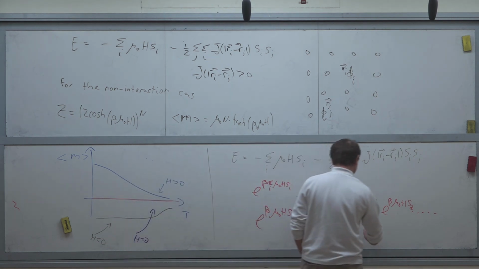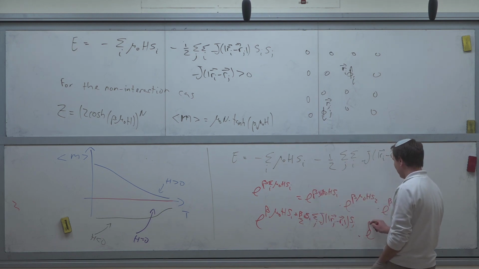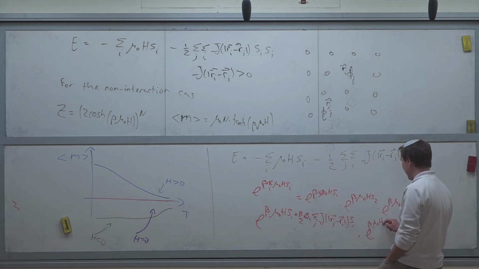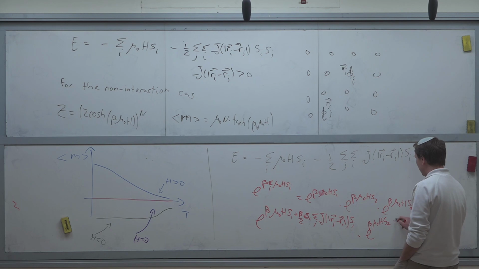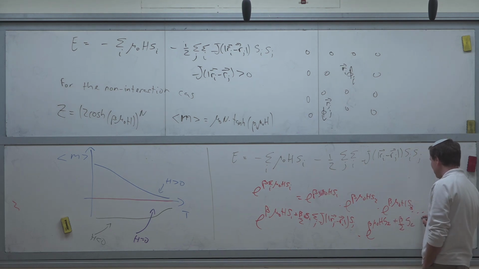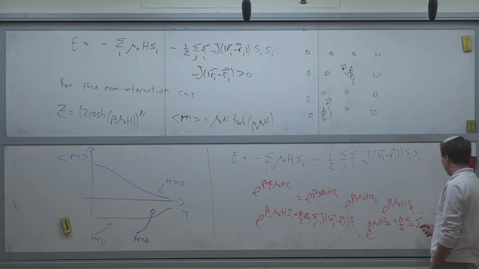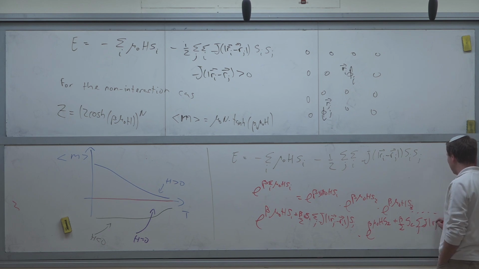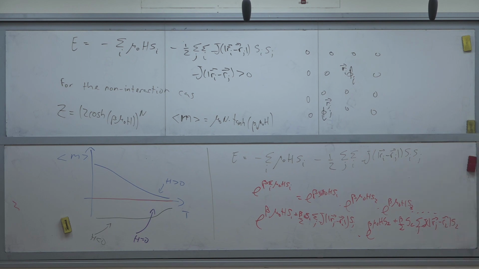The next term will be e to the power of beta mu 0 h S2 plus beta divided by 2 S2, a sum over j of J of Rj minus R2, Sj. And we'll continue this multiplication on and on.